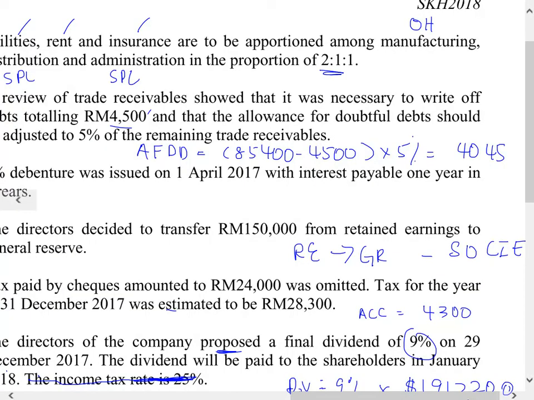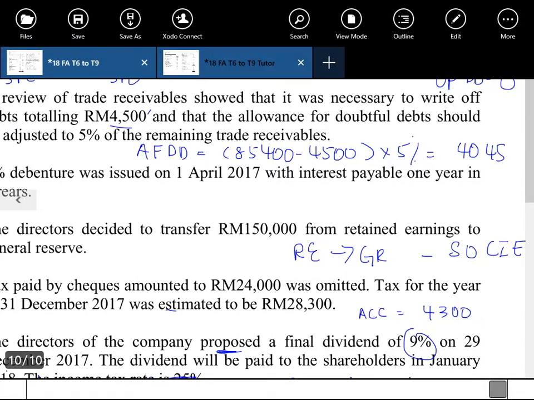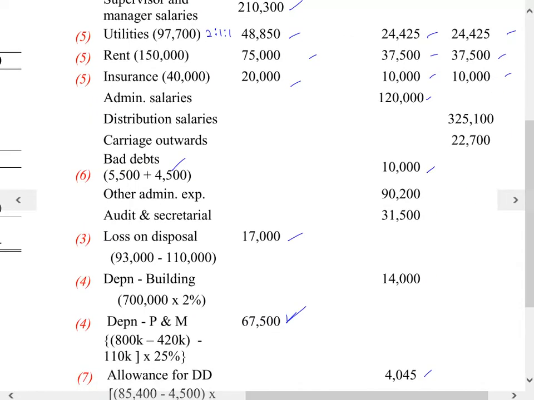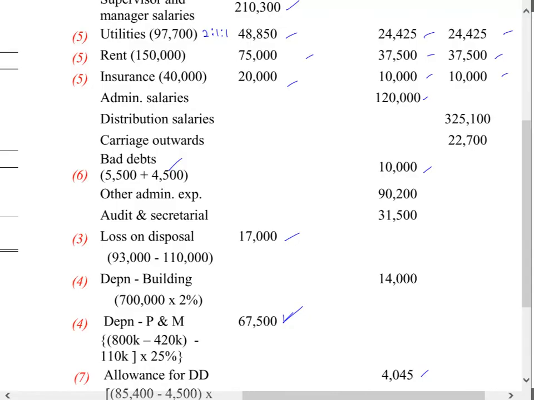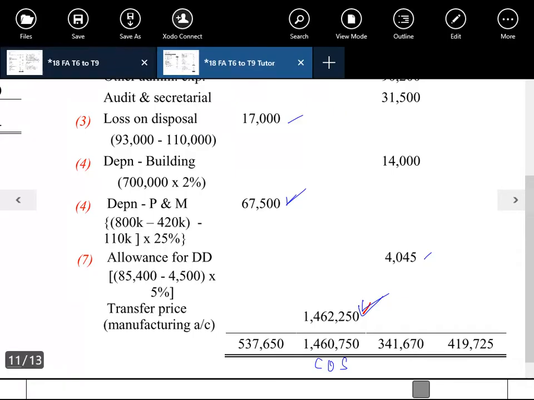Do I have opening balance? Opening doubtful debt? No, 0. So from 0 to 4045 increase. Expense. Admin or distribution? Still admin. Here. Admin 4045. Show the amount write off, then provide 5%. Next.